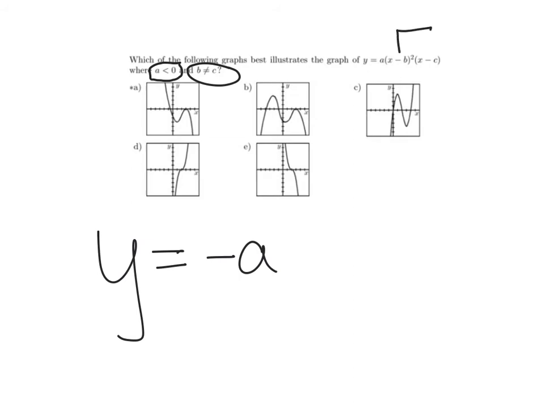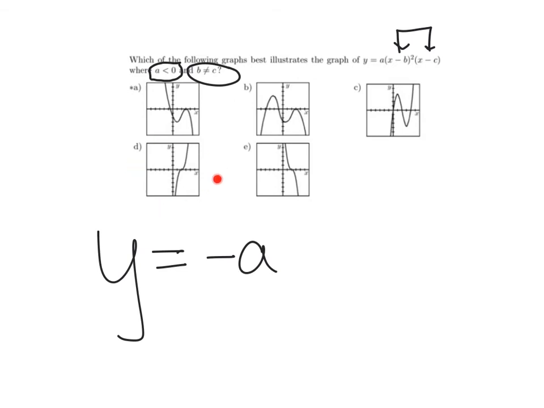Now, why is that important? Well, if these are different numbers, then they have to have different zeros. So they can't be the exact same. Okay, so I have to have a b for a 0 and a c for a 0. So how many zeros do I have? Let's start with that. Well, I have b and I have c. I would say I have 2 zeros.